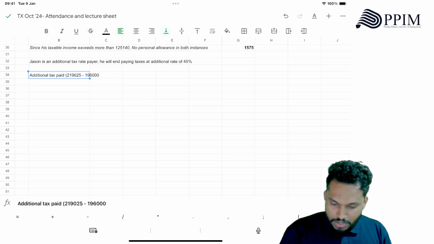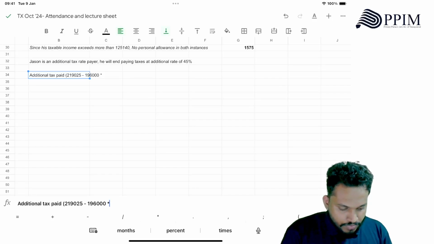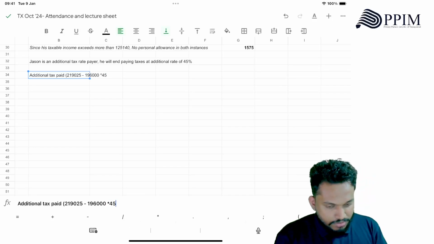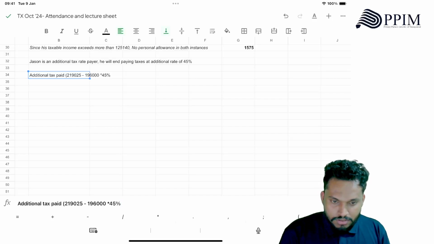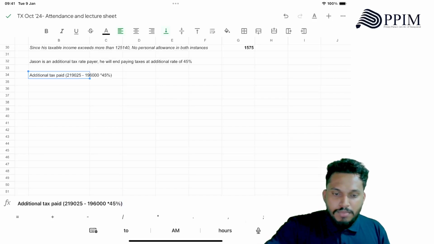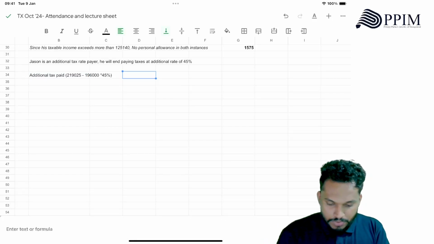You can say times 45%. Take the difference and multiply by 45%, and let me know the benefit.